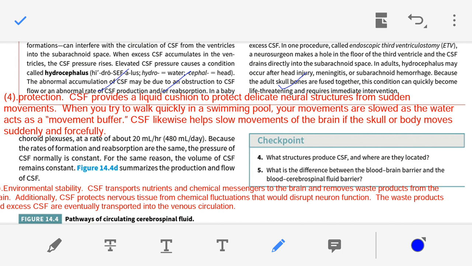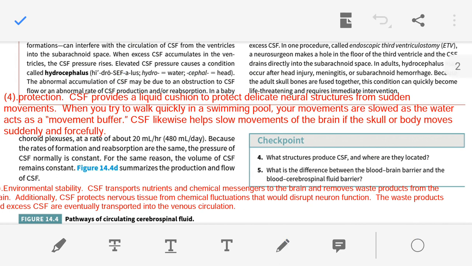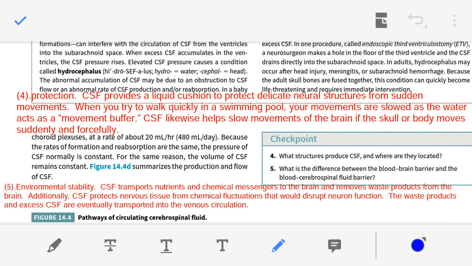When we are doing sudden movement, let's say we stand up and we are walking or running, it is possible that our brain can get injured by striking the inner wall of our skull. But as the CSF is present around the brain, this jerking or the shocks are absorbed in CSF. So this way CSF is protecting our brain and spinal cord.